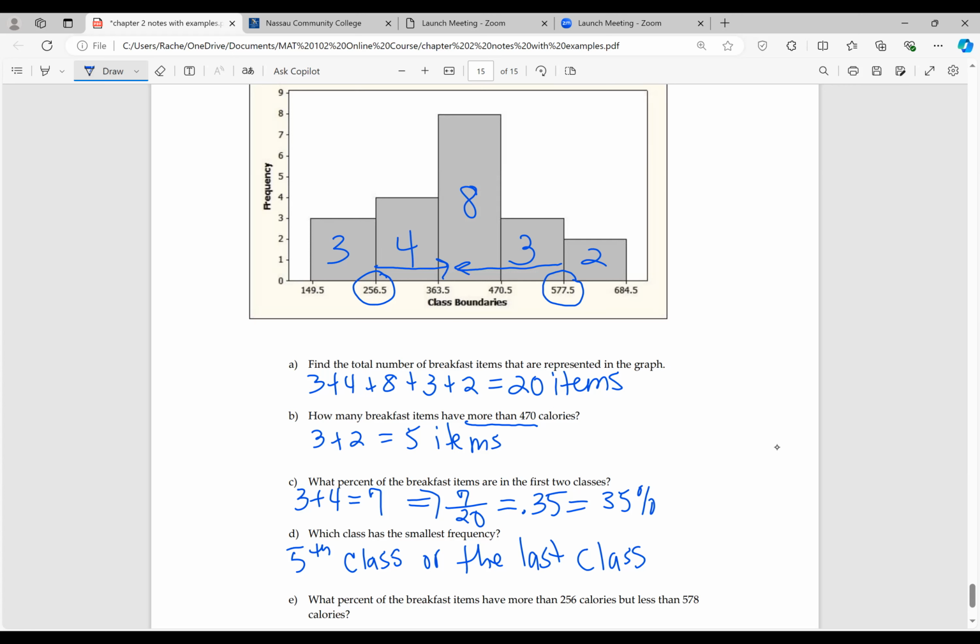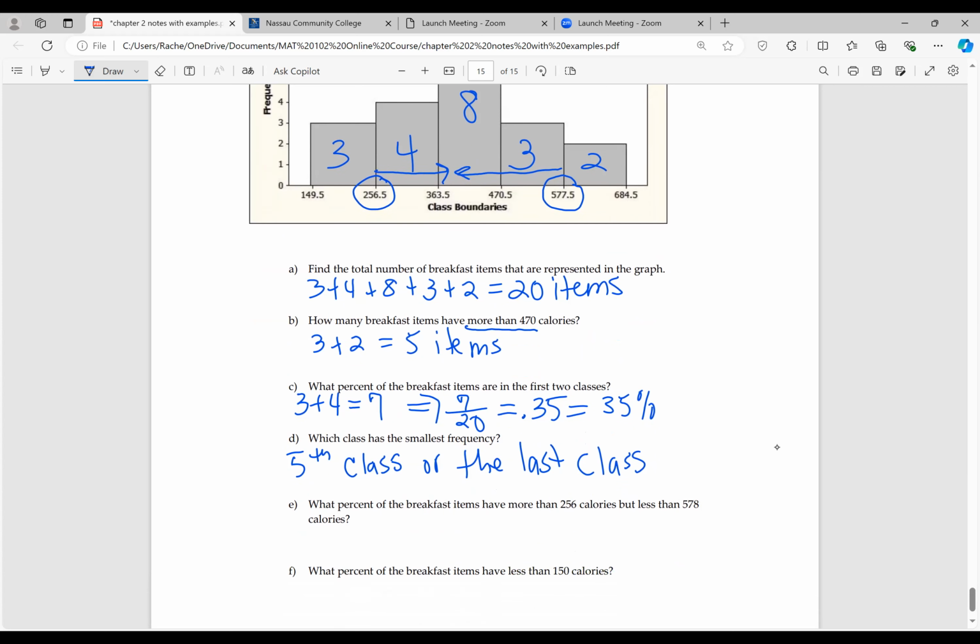So we're going to add up those frequencies, right? 4, 8, and 3. So that's going to be 15 breakfast items. But again, I want you to tell me what percent that is. So this is going to be 15 out of the 20 items, right? Part of a whole. And we could divide that out in the calculator again.